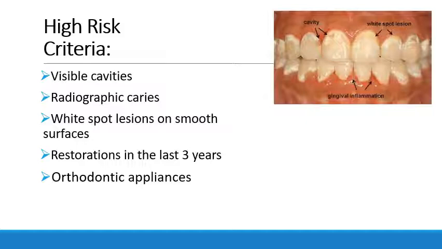Or they've had any kind of restorations in the last 3 years, which would be evident that they've had active decay possibly. Or they're coming in with orthodontic appliances, because orthodontic appliances harbor plaque, right? And most patients in orthodontia are young and they don't like to brush their teeth the right way, just in my experience.